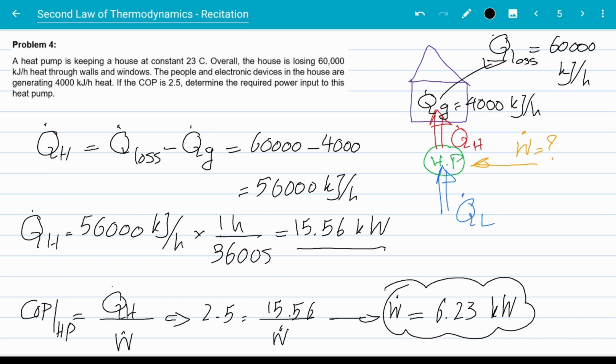They would do this wording for air conditioning and refrigerator problems as well. They don't directly give you the number. They try to manipulate the wording of the problem. But if you think about it, it's rather easy. The building is losing 60,000 kilojoules per hour worth of power, so the heat pump has to support that number in order to keep the temperature constant. That's the only trick to these kinds of problems.